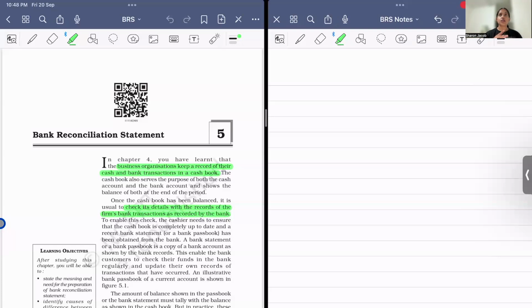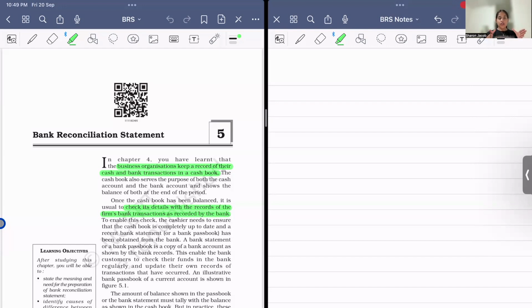So starting off with cash book, it is an account or a ledger, or even a cash book is both a journal and a ledger, right? In a cash book, the business will keep the record of all the transactions which take place either through cash or through their bank, right?